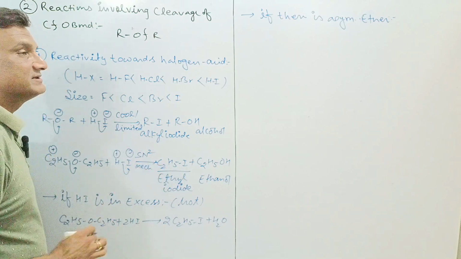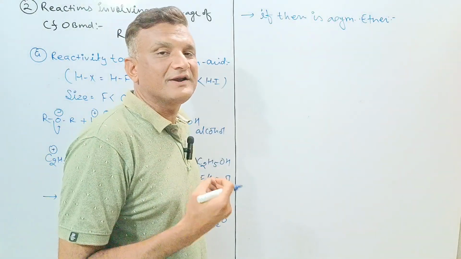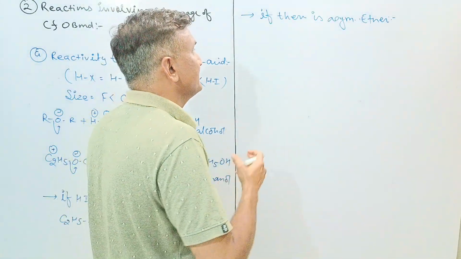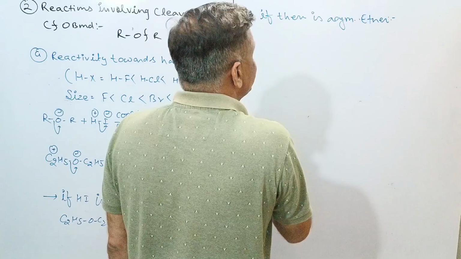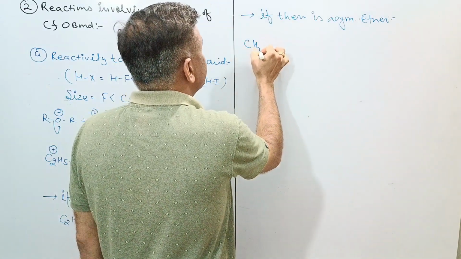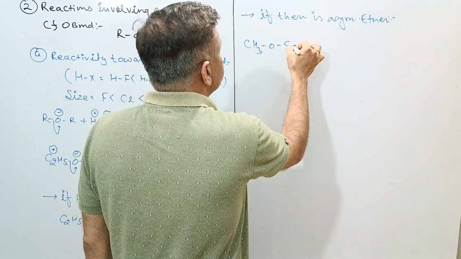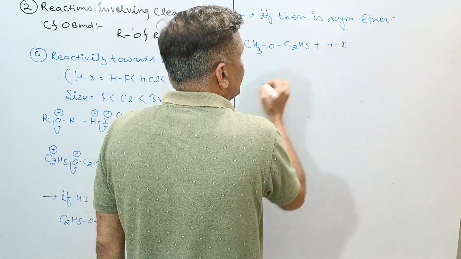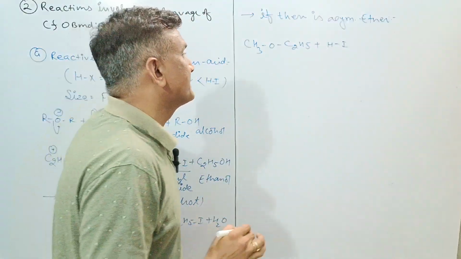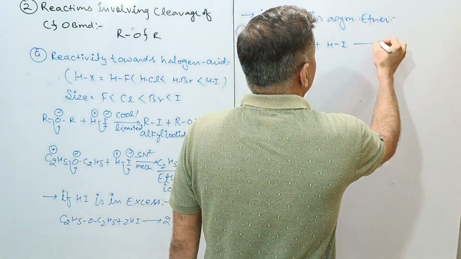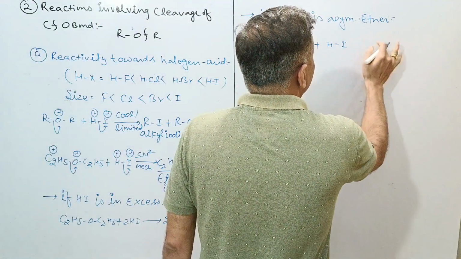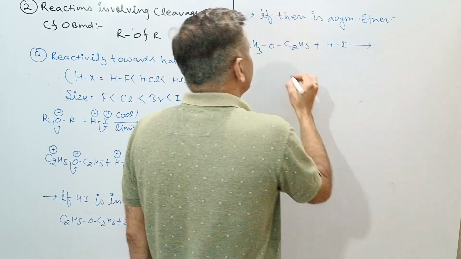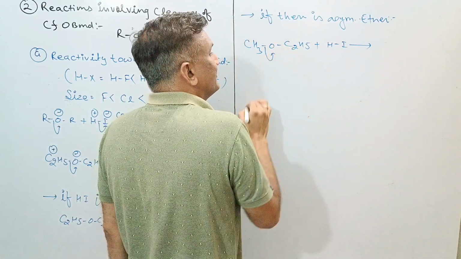But if there is secondary and tertiary, that will be discussed later. For an asymmetrical ether with CH3 and C2H5 and a halogen acid, remember one thing: always the smaller alkyl group will form the halide, iodide.